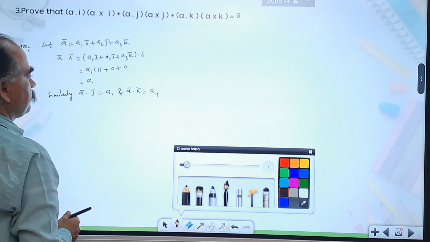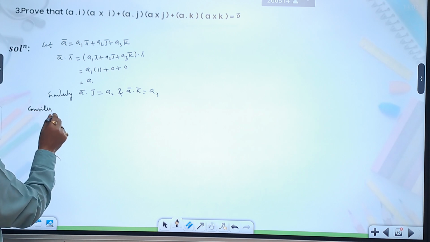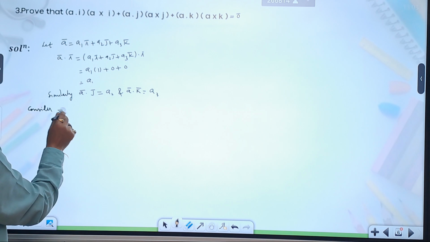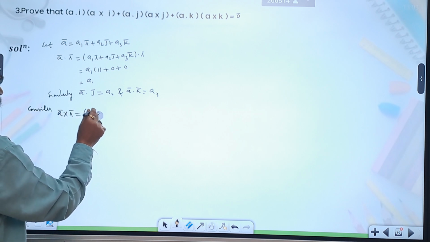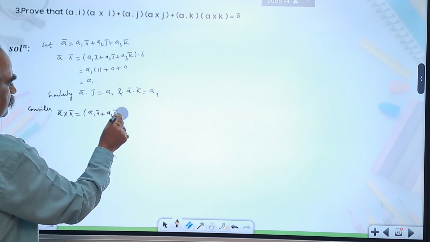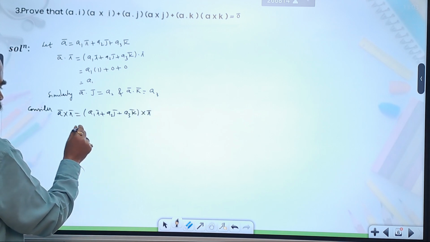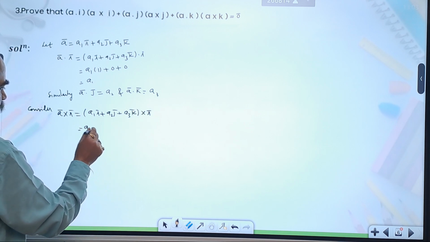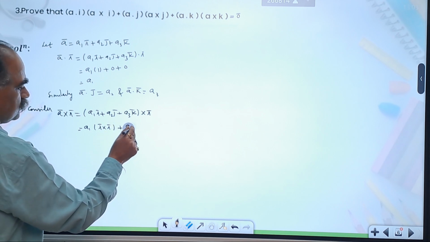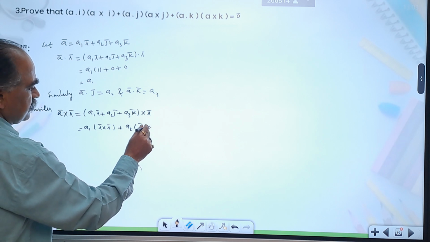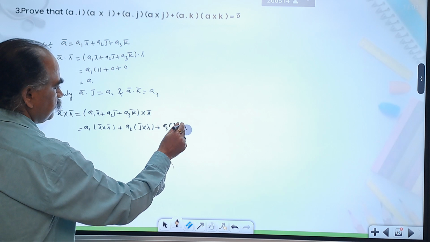a cross k. So consider a cross i first. Again, A1 i plus A2 j plus A3 k cross i bar. A1 (i cross i) plus A2 (j cross i) plus A3 (k cross i).